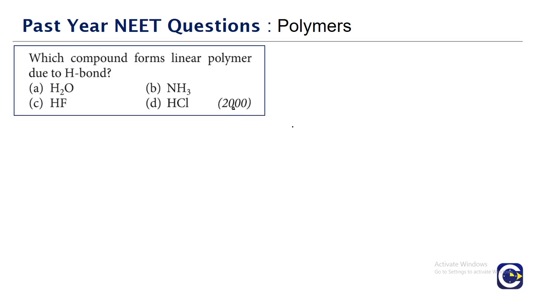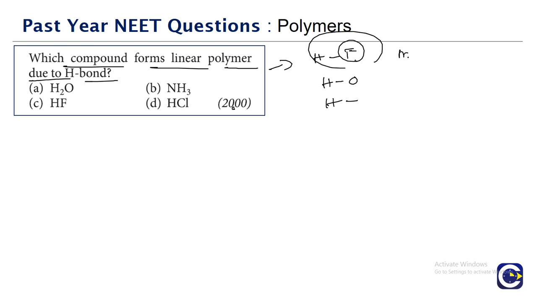Next we have a question that came in the year 2000. Which compound forms a linear polymer due to hydrogen bonding? Now we know that the hydrogen bonding strength will depend upon the electronegativity of the other element attached. Hydrogen bonded to fluorine will have the maximum electronegativity difference.